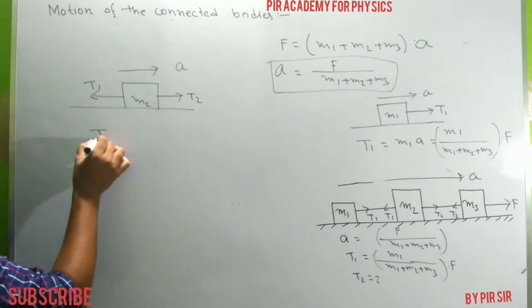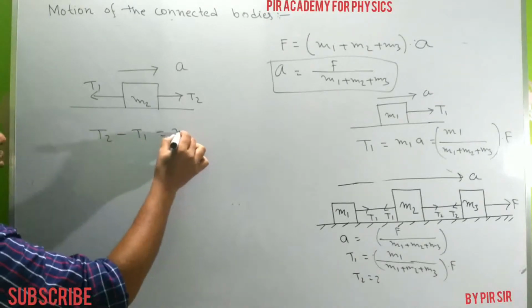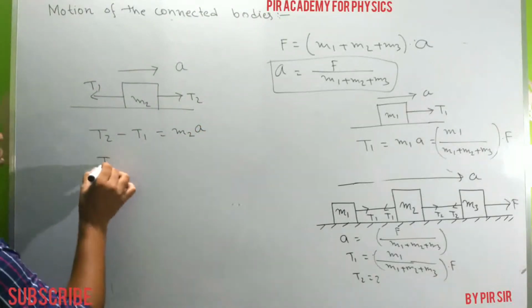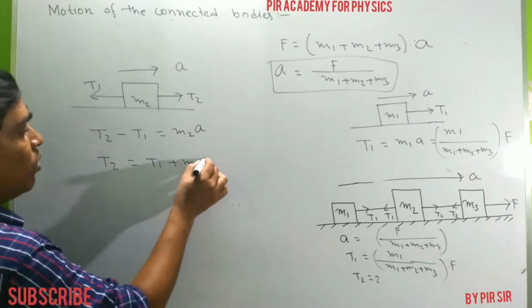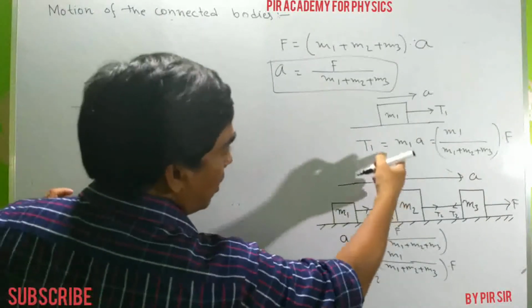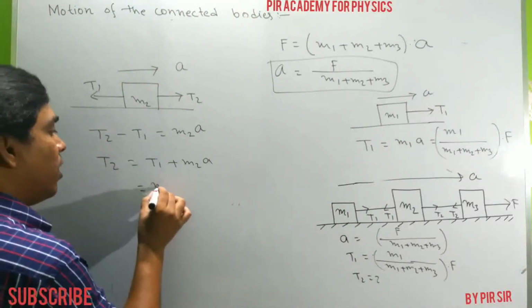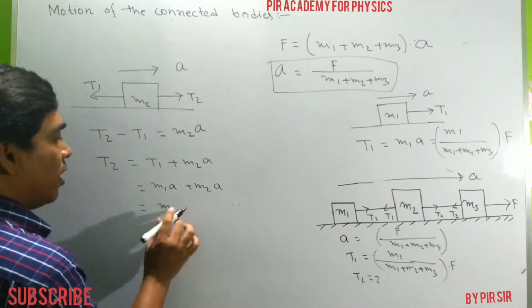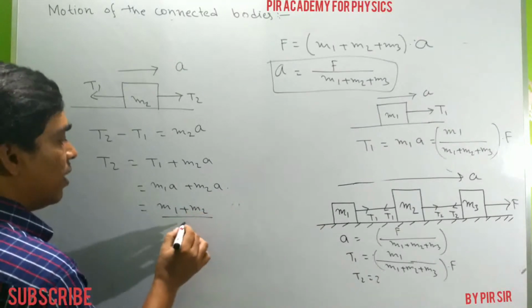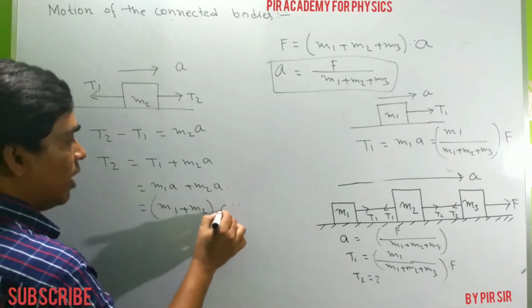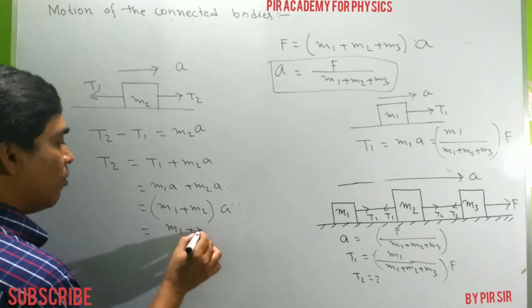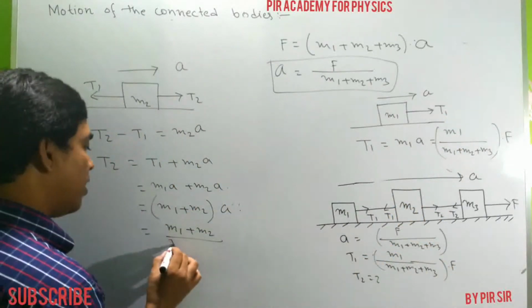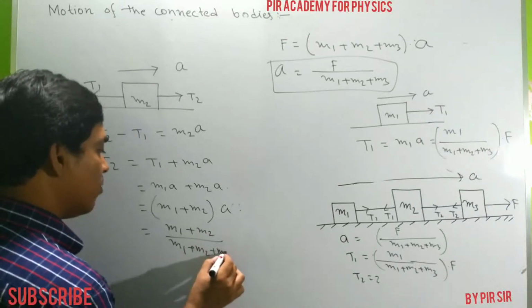The total resultant force equals T2 minus T1, which equals the mass of this body, M2, times acceleration A. That means T2 equals T1 plus M2 into A. You have calculated the value of T1 earlier: T1 is M1 into A. So T2 is M1 plus M2 into A. You can put the value of A, which is F by M1 plus M2 plus M3.